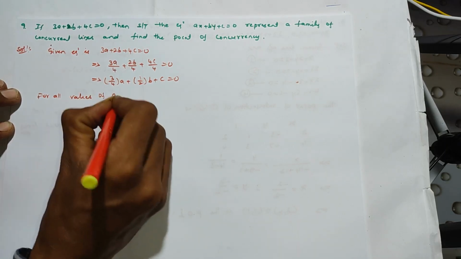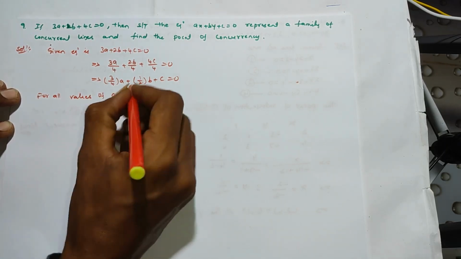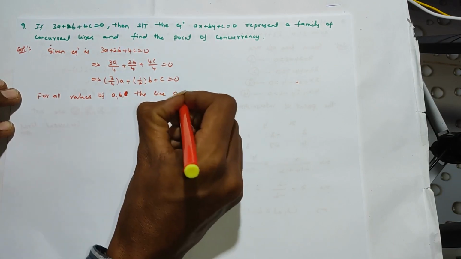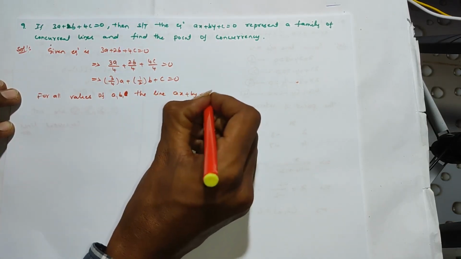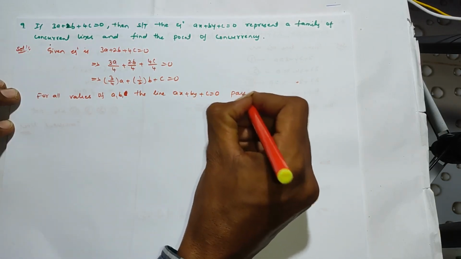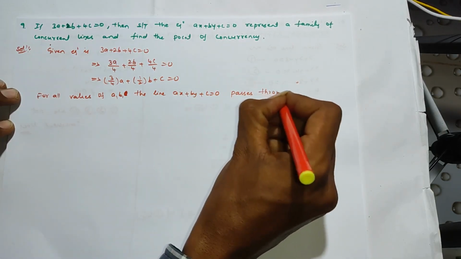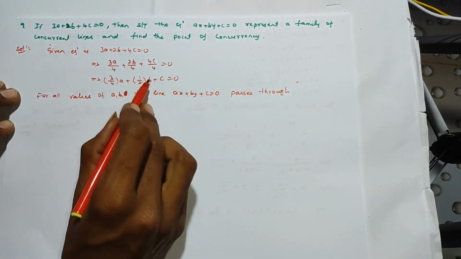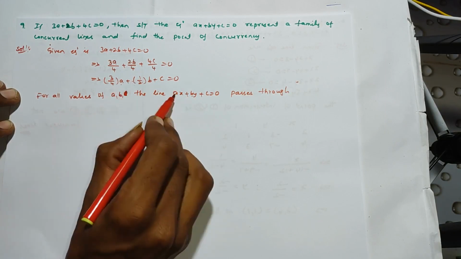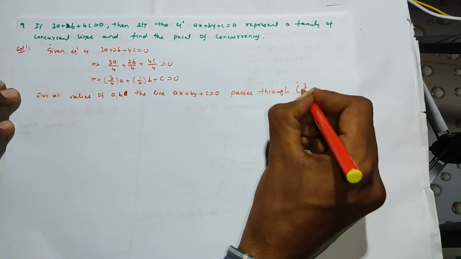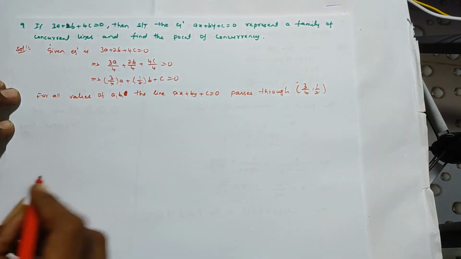For all values of a, b, c, the line ax + by + c = 0 passes through a fixed point. Compare these two line equations: c with c, b with b, and a with a. So x = 3/4 and y = 1/2, that is (3/4, 1/2).